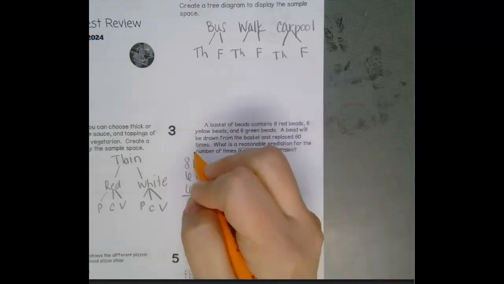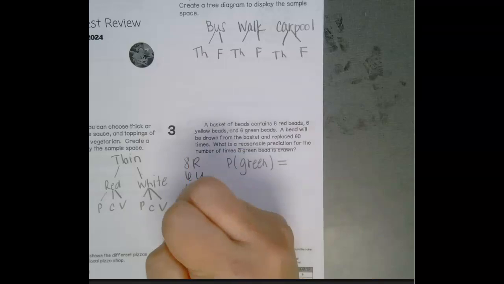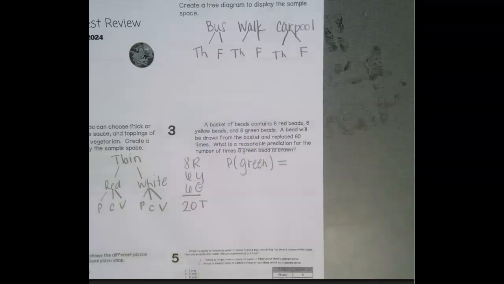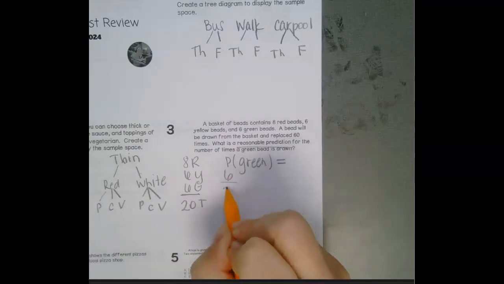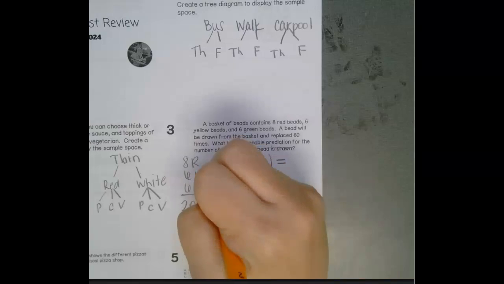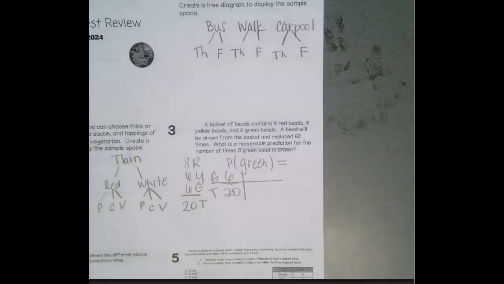I'm going to find a total here before I do anything else. 8 plus 6 is 14, plus 6 more is 20, so there are 20 total. All right, so we would like the probability of green. So 6 out of 20, so 6 greens out of the total are going to be green.